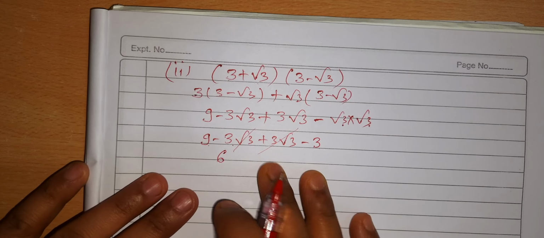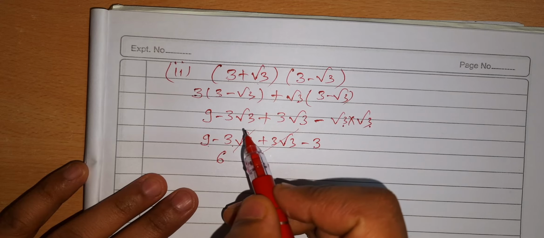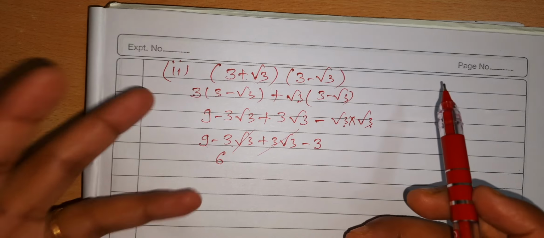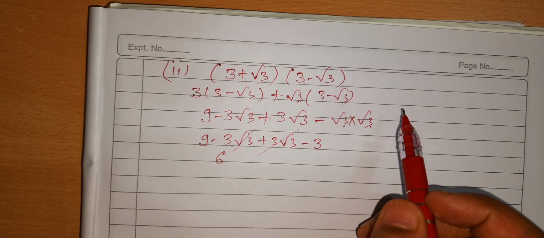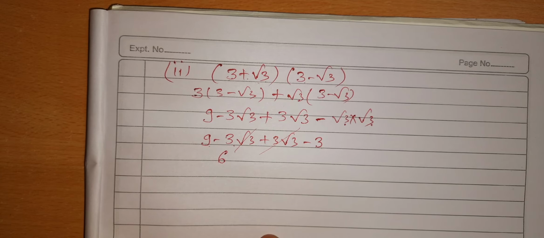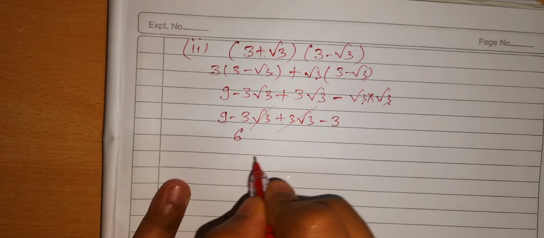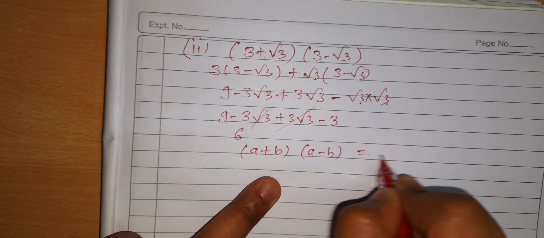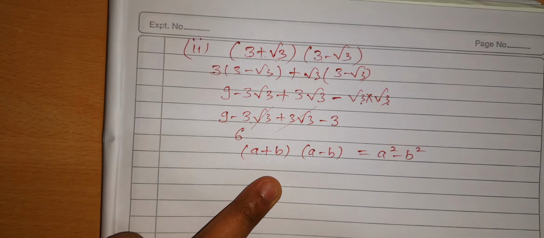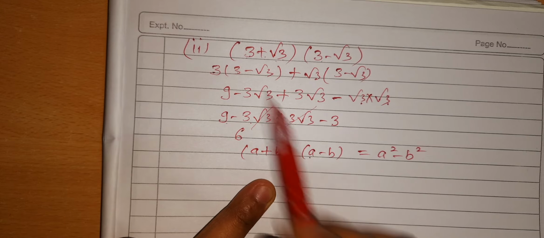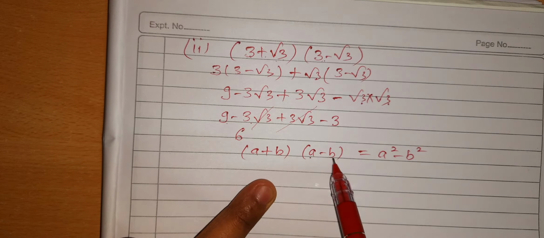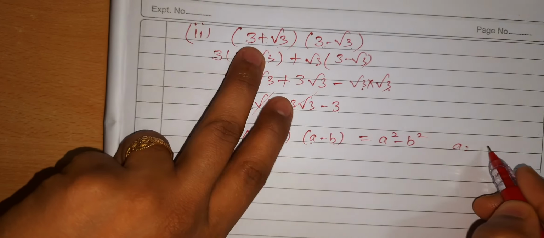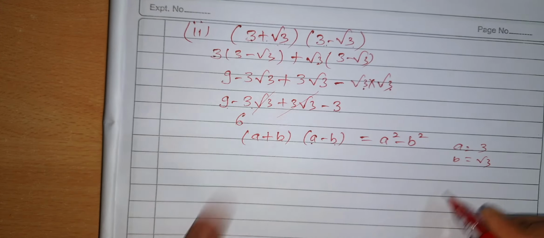If you want, you can use that identity also. This is a plus b, a minus b, simple. If you want to solve this question in one or two lines, you can directly use the identity a plus b, a minus b, which equals a square minus b square. Here a is 3 and b is root 3.